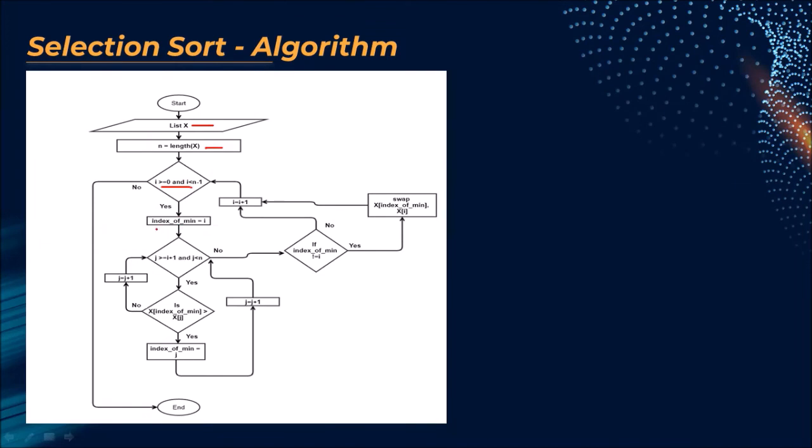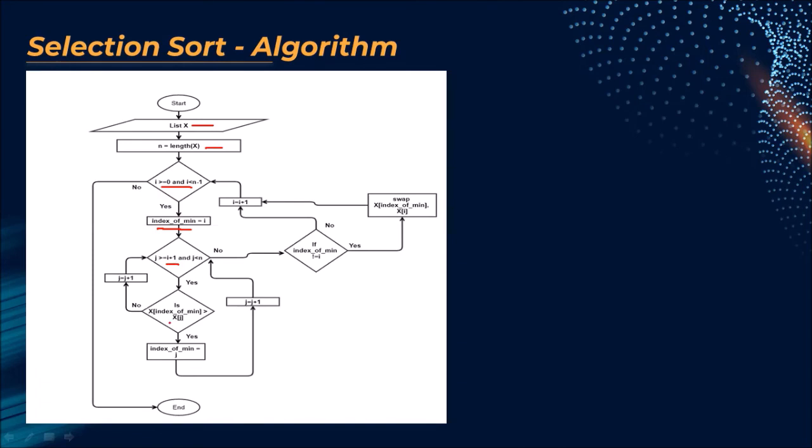Then within every iteration, we designate the element at that particular position as the minimum element. And then we traverse through the unsorted part of the list to find out if our assumption, in which we have designated the minimum element, is being violated or not.